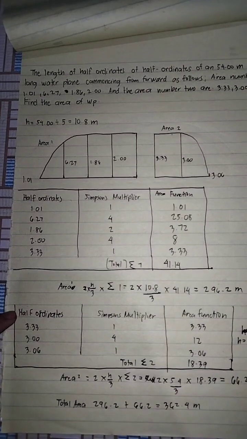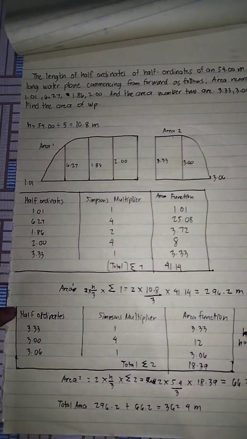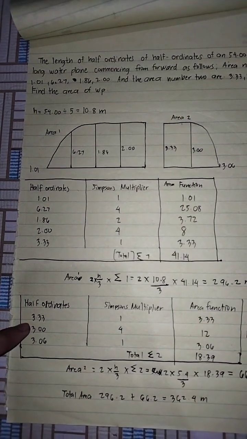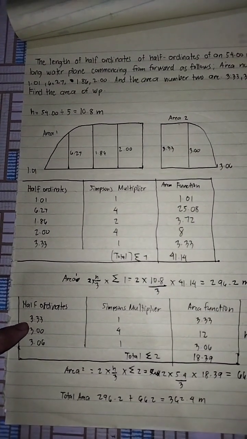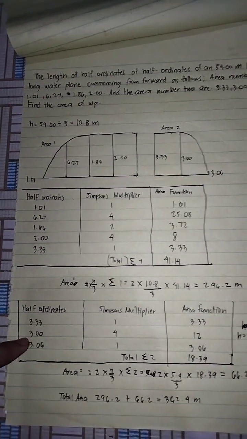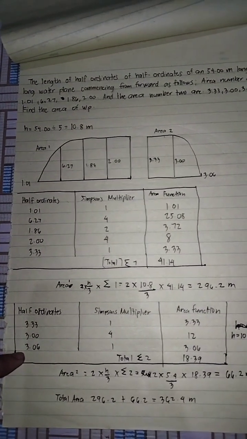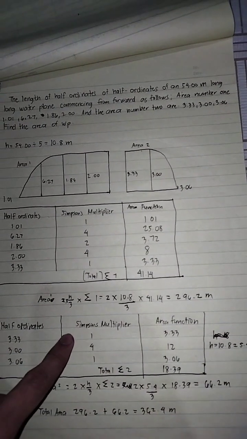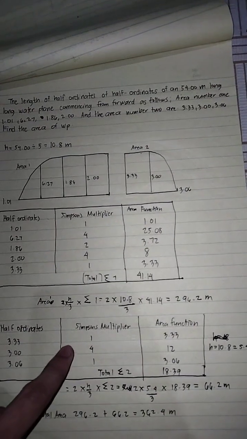This next table is from area number 2. Area number 2 only has 3 ordinates, which are 3.33, 3.00, 3.06, and its Simpson's multiplier is 1, 4, 1.